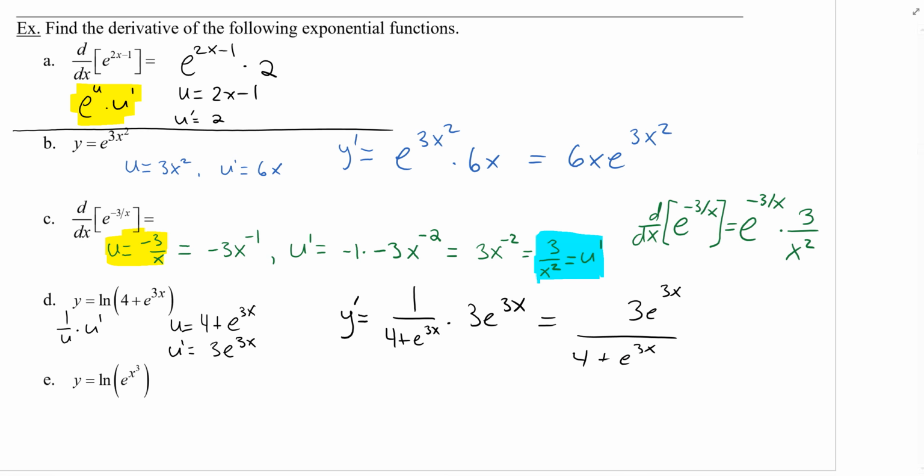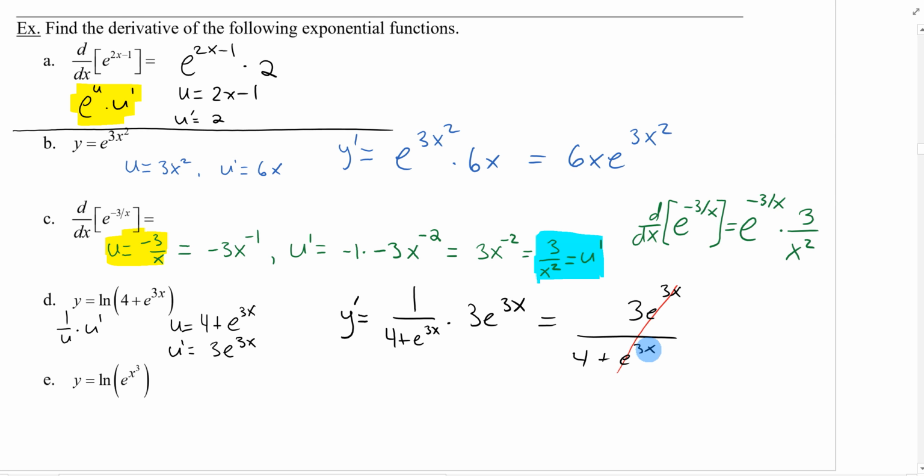Just don't do this. Do not cancel. If 4 had an e to the 3x, then you could do a common factor and then reduce, divide out. But since you don't have common factors, you cannot do that.